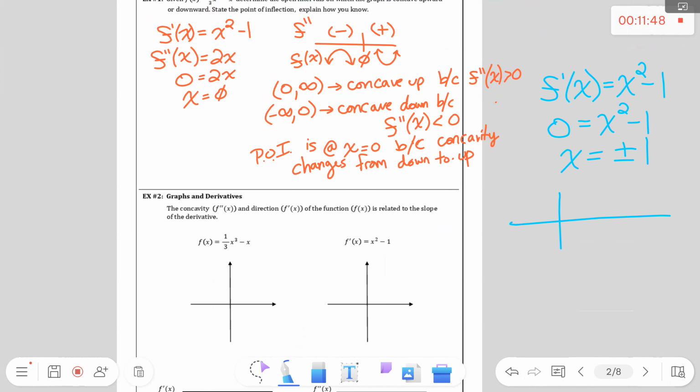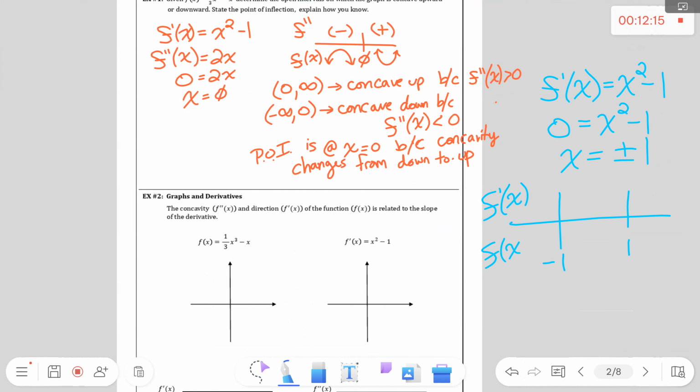So let's test it. We got negative 1, 1. You're just reviewing. We need our max and min to draw a graph here. So let's pick a number less than negative 1.